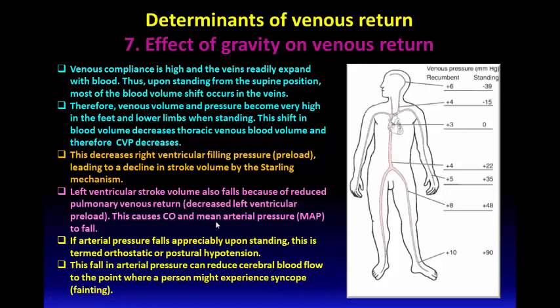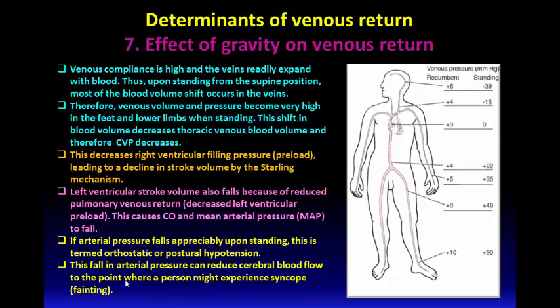If the mean arterial blood pressure falls appreciably upon standing, this is termed physiologically as orthostatic or postural hypotension. This fall in the mean arterial blood pressure when someone assumes a standing position from the supine position can reduce cerebral blood flow to the point where a person might experience syncope and undergo fainting.